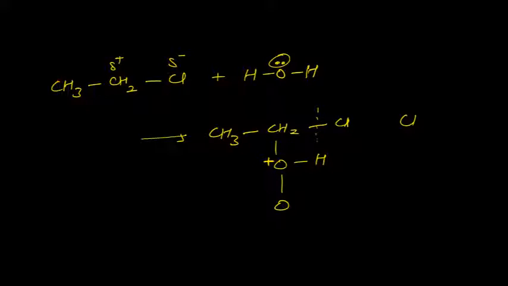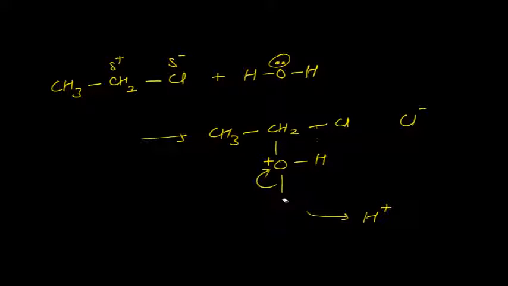So you have Cl minus. Sorry, this is hydrogen. Now to compensate this positive charge, this bond breaks and provides its electrons to this oxygen. When it provides its electrons to the oxygen, this hydrogen moves away as H plus.